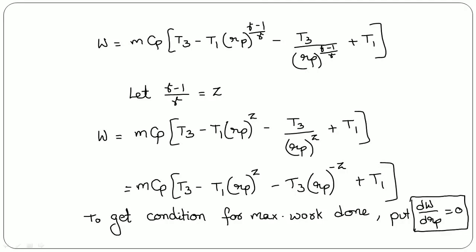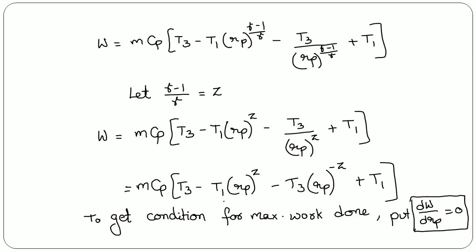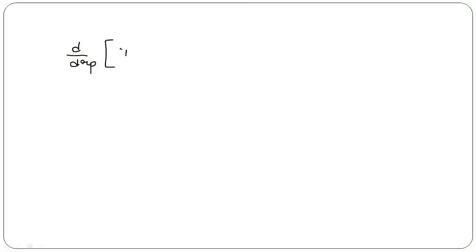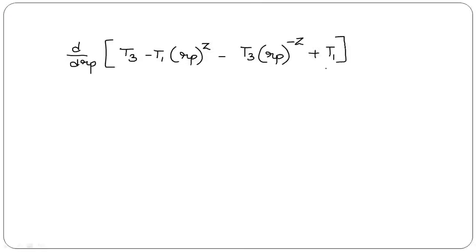So then only we are going to get the condition for maximum work done here. Now d by dRp of, we can't differentiate mCp, so mCp can be removed. We need to write this term: T3 minus T1 into Rp to the power z minus T3 into Rp to the power minus z plus T1. So this is equal to 0.